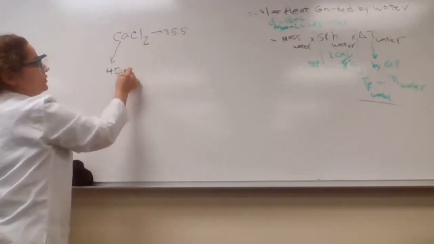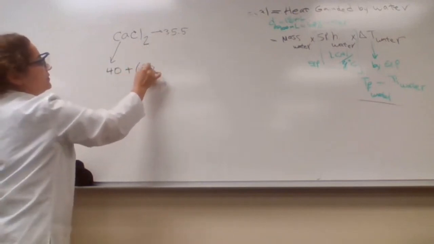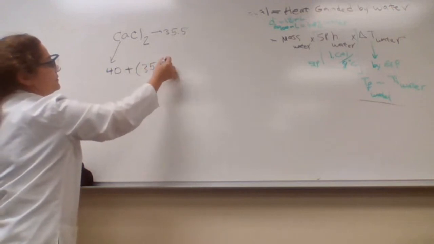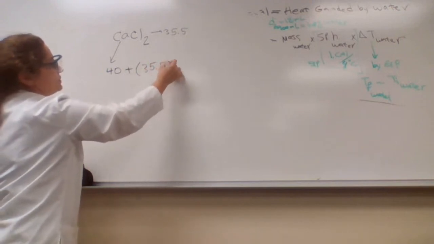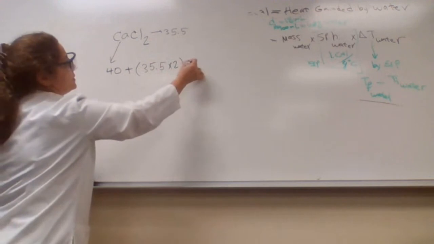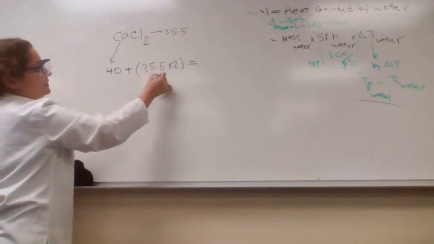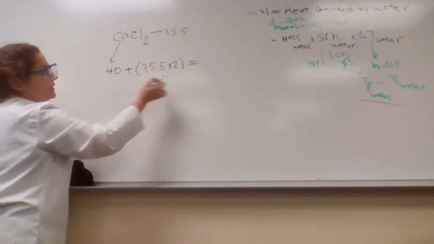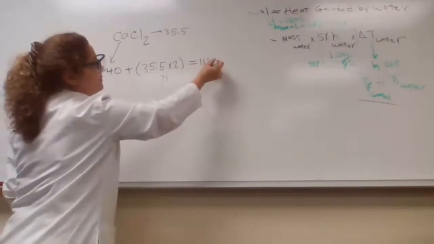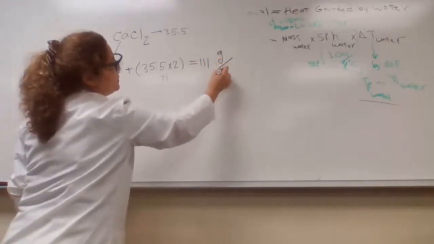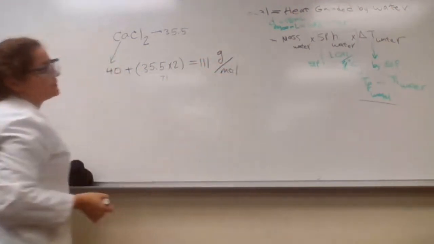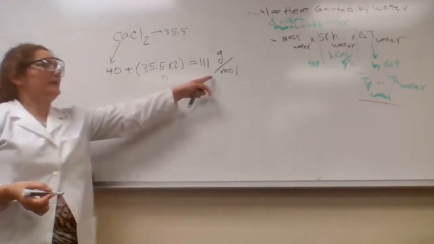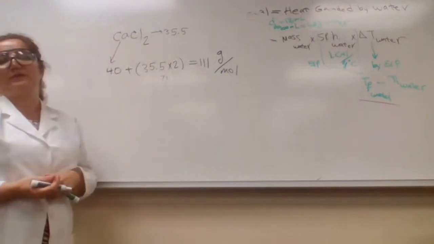So it's going to be 40 plus 35.5 times 2, so 71 plus 40, 111 grams per mole. That would be the formula weight for calcium chloride.